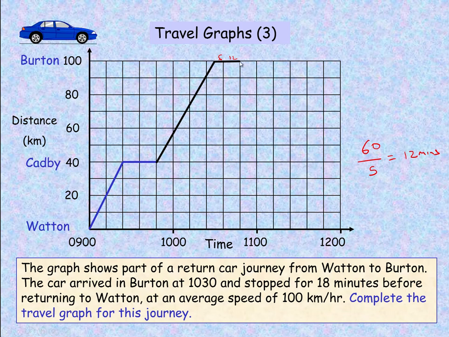So the 100 miles is going to be done in 1 hour. So 1 hour from now, I can mark it out. It's going to be from 10:48 to 11:48. So it's going to arrive here. So I can draw my line from here right down to here. And that's my completed travel graph for the journey.